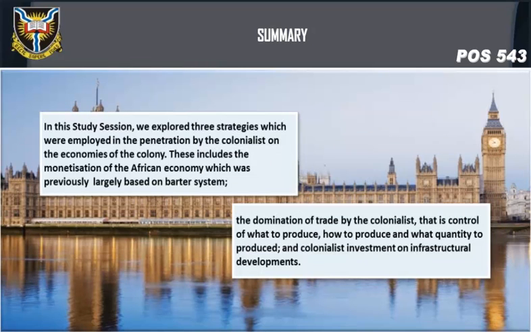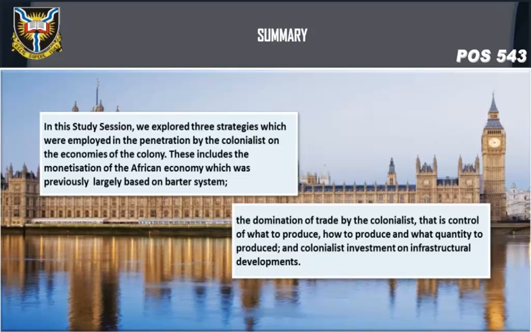Study section summary. In this study section, we explored three strategies which were employed in the penetration by the colonialists on the economies of the colony.